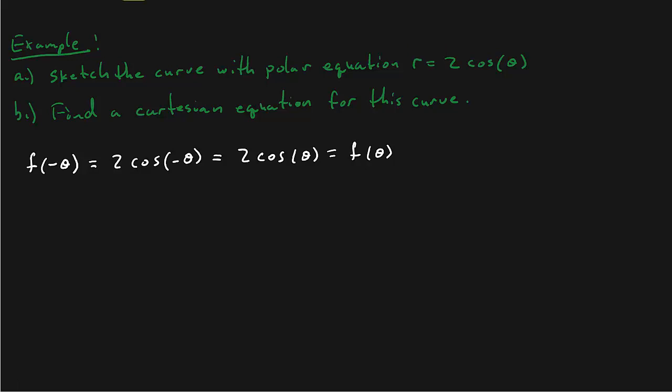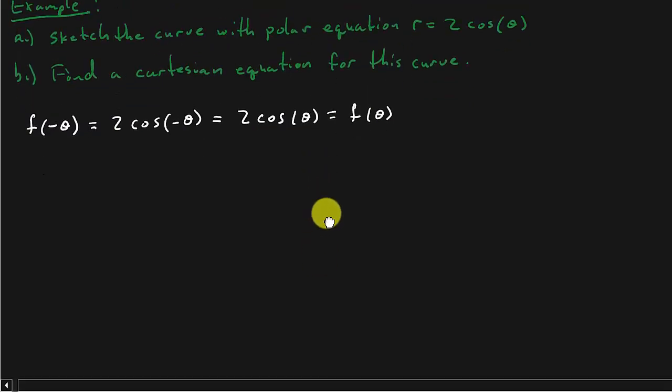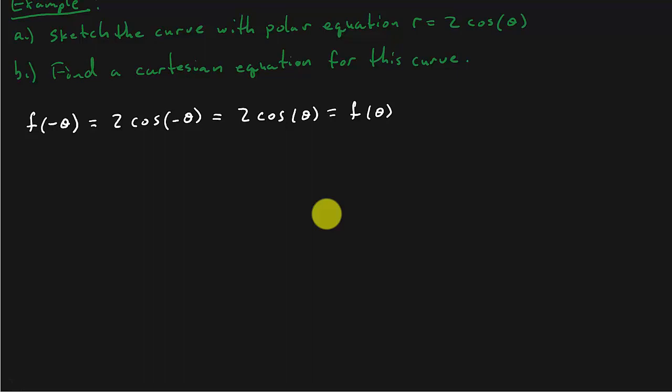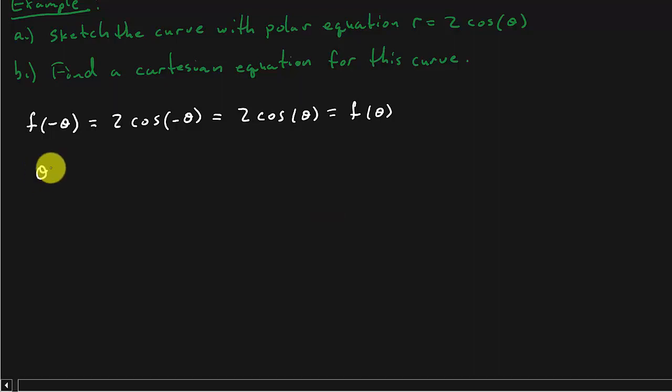All right, so let's draw this. Let's sketch this thing. So to sketch this thing, let's make a table. All right, so I'm going to have theta, and then we've got r, which we know is 2 cosine theta.